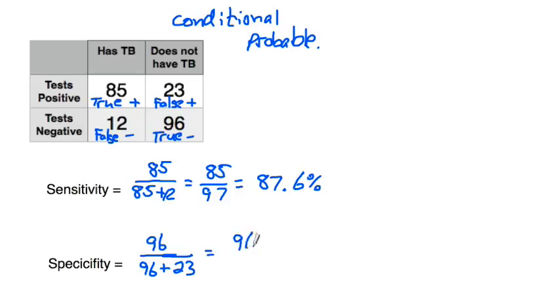So this becomes 96 out of 119. So the probability that the test is going to catch that you are not sick when you are not sick is about 80.7% of the time. So the test will show that you do not have the disease, if you really don't have the disease, 80.7% of the time.